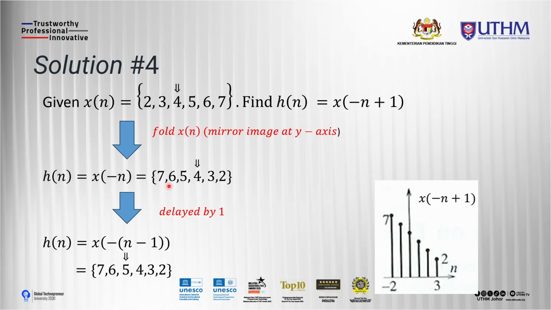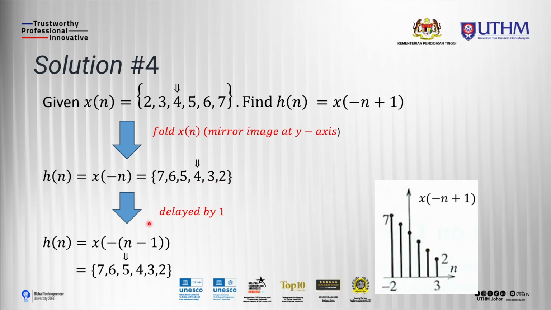The numeric sequence is just like the original x[n], but in the folded version you just change the locations from the left to the right and from the right to the left, without changing the origin. The origin remains the same. Now I get 7, 6, 5, 4, 3, 2.